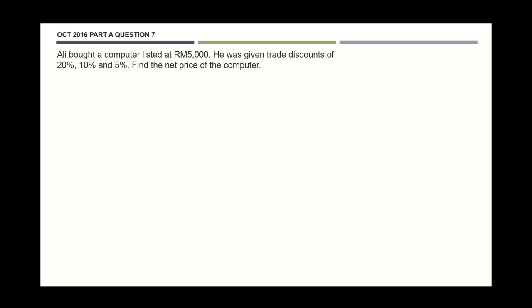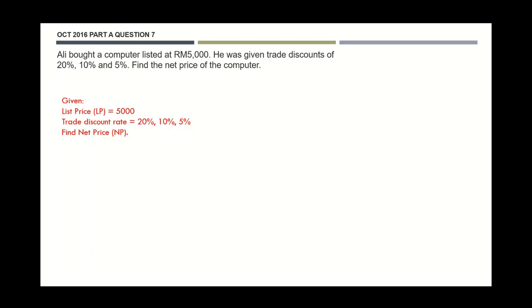In this case, again as usual, before you start with the solution, you need to identify the given information. The given information here is the list price is equal to 5,000. Then you have three trade discount rates, simply this is the chain discount: 20%, 10%, and 5%.